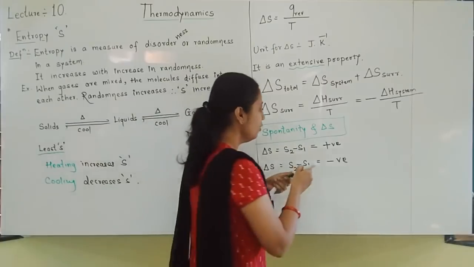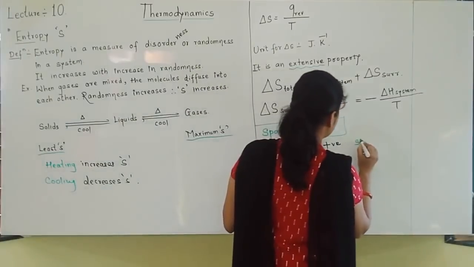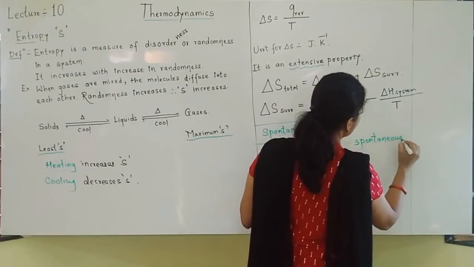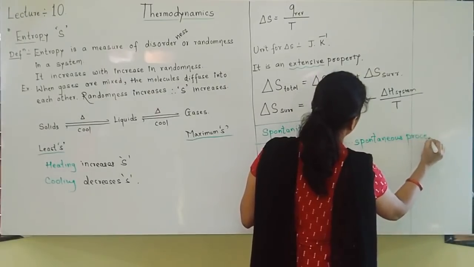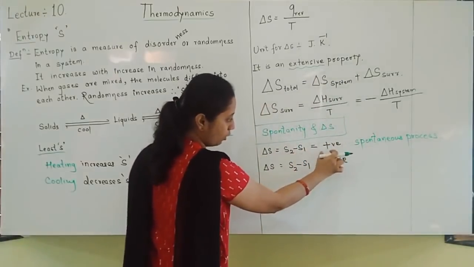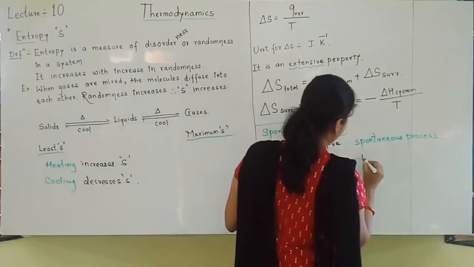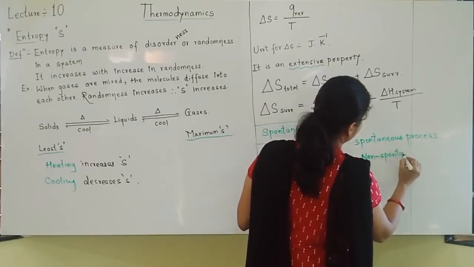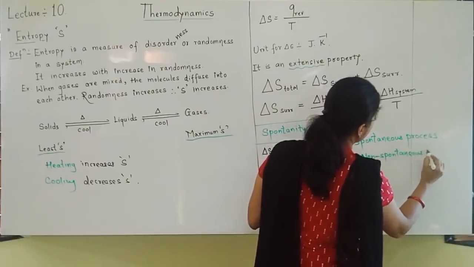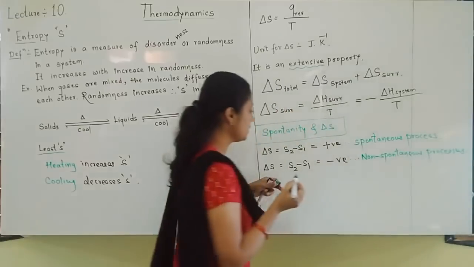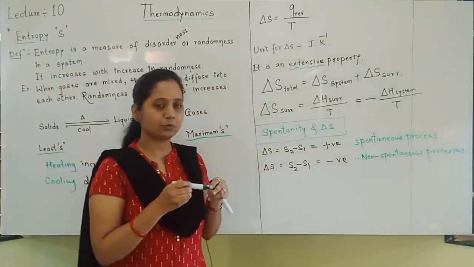So students, you should remember this: for spontaneous processes, delta S is always positive, and for non-spontaneous processes, it is always negative.